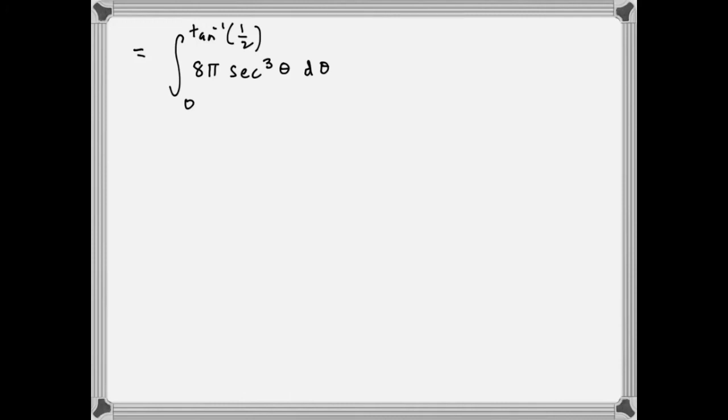Now, you may cringe when you look at this because secant cubed theta is not an easy integral to do, unfortunately. This was something, though, that I did in an earlier video. I did secant cubed theta in an earlier video using integration by parts. So you can go ahead and watch the 7.2 video if you don't recall how I did this. But let me go ahead and write down the answer.